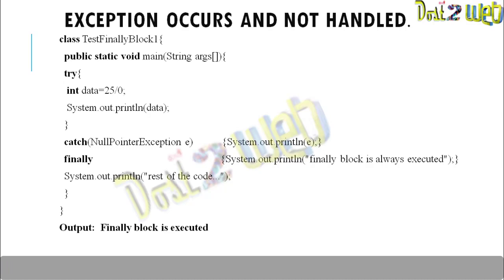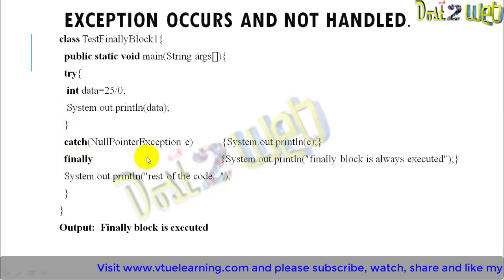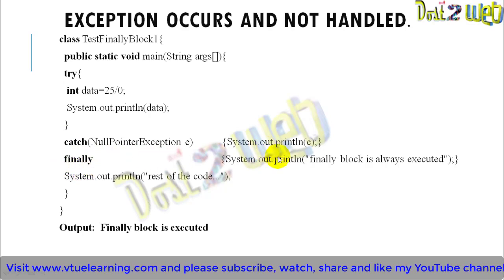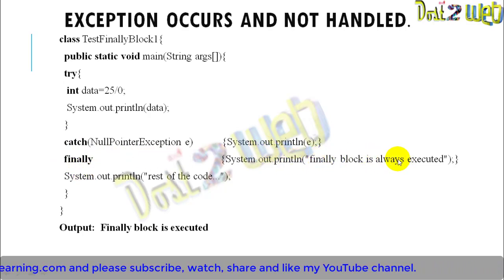When you are not defining a handler, that means when your exception occurred and you throw the error, the exception is here, so obviously this line is not going to print, it will be thrown. When it is thrown, it will check the catch block, whether the exception is handled or not. If it is not, there will definitely be a finally block. Whatever statement is in the finally block is always executed.